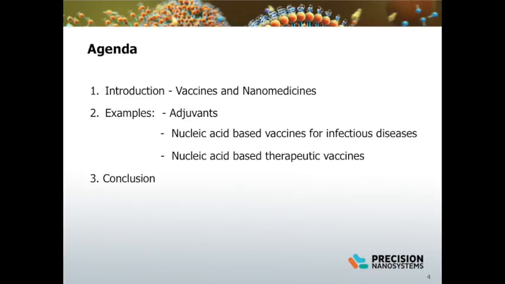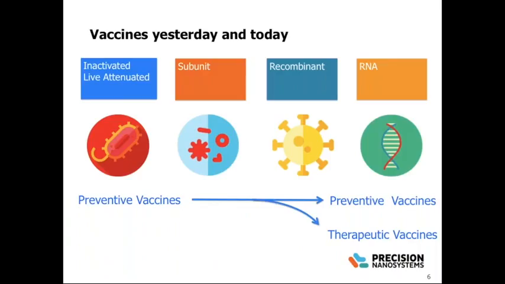Now, if we look into the history of vaccines, which is, by the way, over 200 years old, we can see that research has come a long way to improve the safety and efficacy of these vaccine agents.